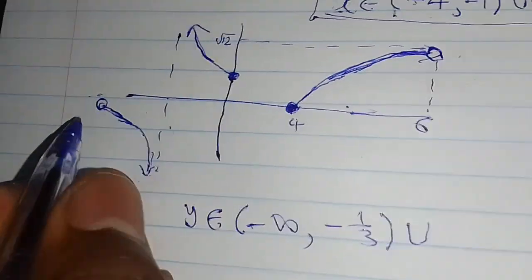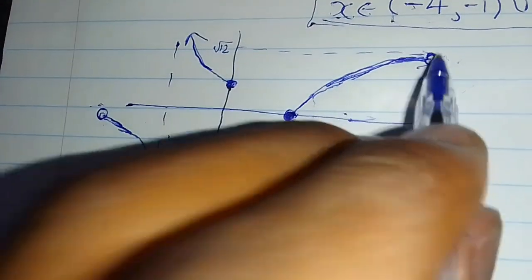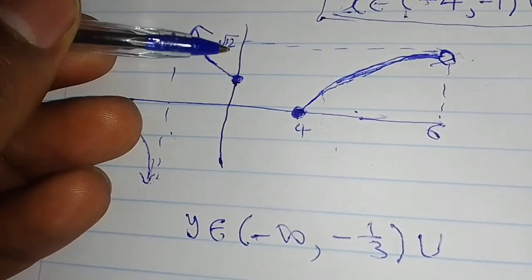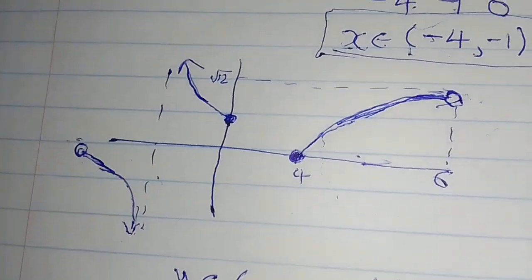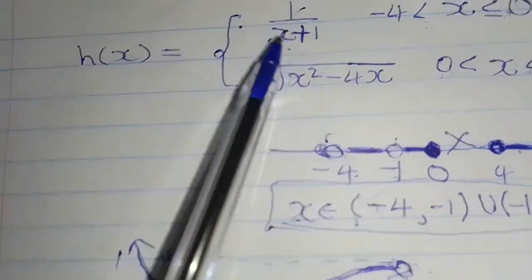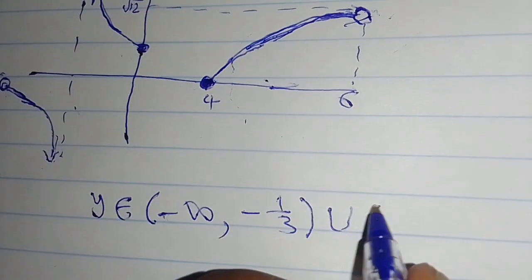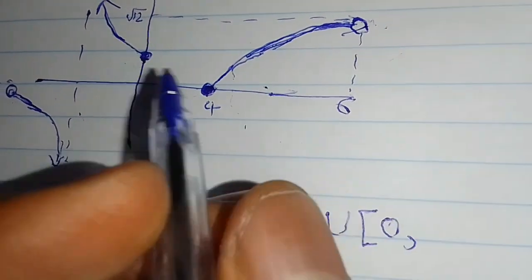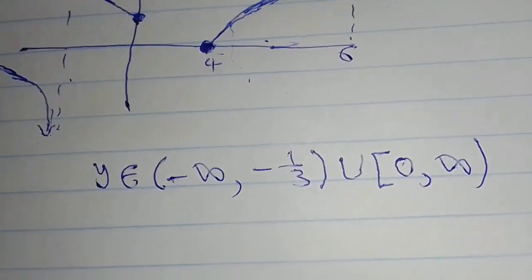Then it jumps to 0 and continues up until root 12. But if you pay attention to this region, it continues indefinitely from the hyperbolic side, 1/x plus 1, because this is just going to approach infinity. So we have the union of 0, with 0 included here, to infinity, and that will be the range of that function.